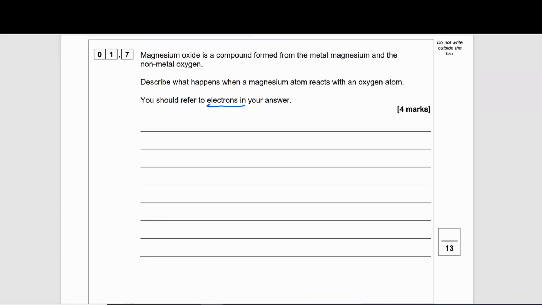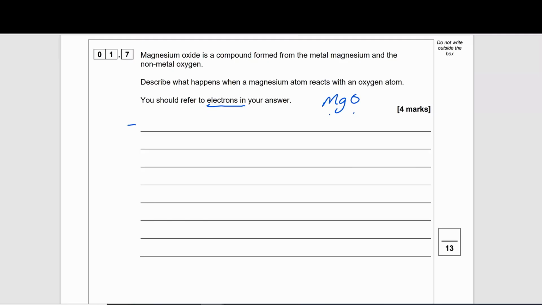So magnesium oxide, if we write the formula for that, that is MgO. So what does this tell us now? It tells us that an ionic bond is formed between magnesium ion and an oxide ion because it is ionic bonding.